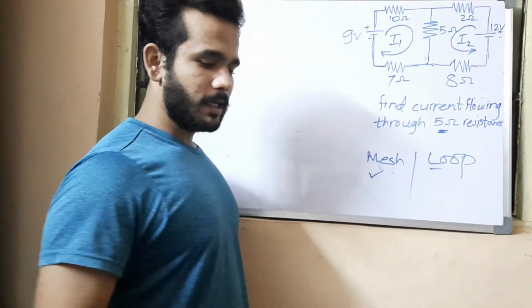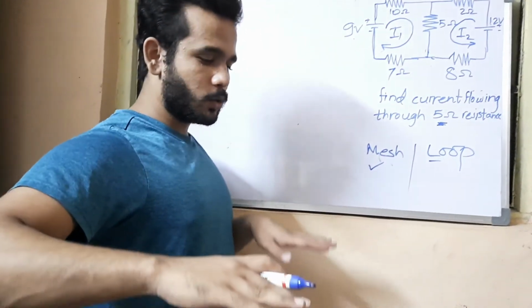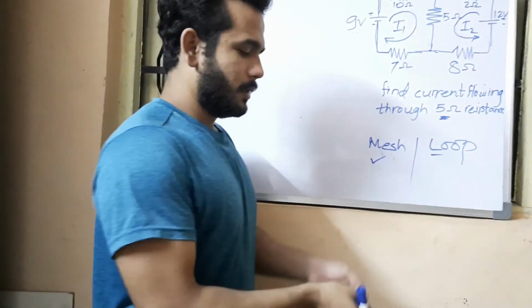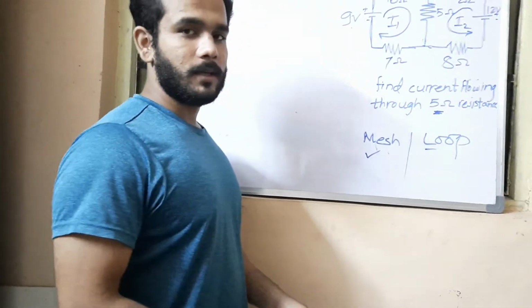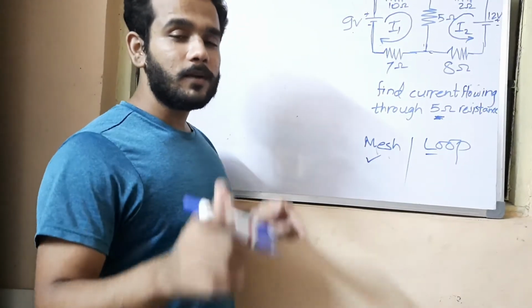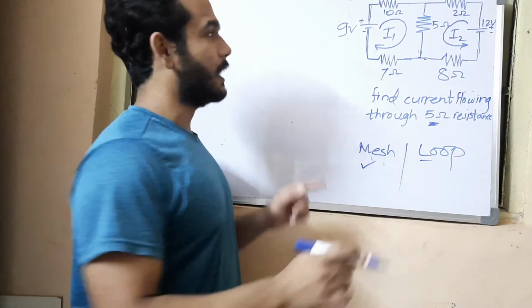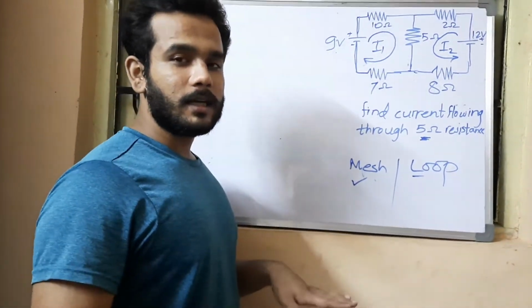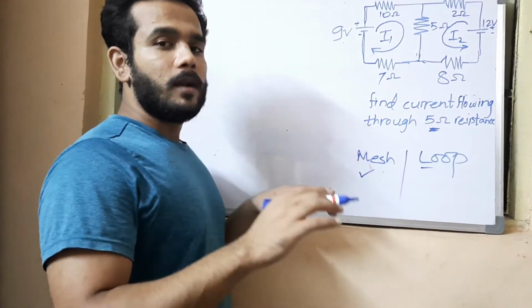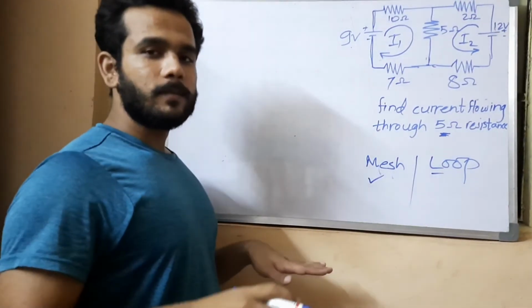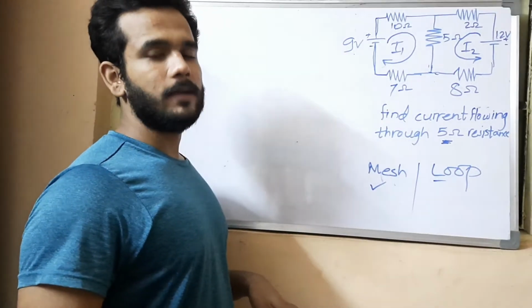If both directions are the same, the tracing direction and the direction of I1, there will be voltage drop across resistance and it is taken as minus, and there will be voltage gain at battery side if there is a battery.